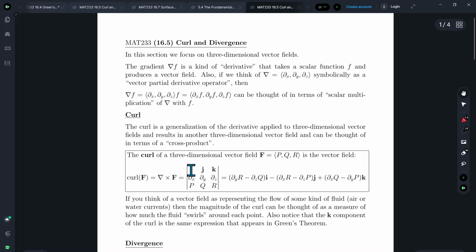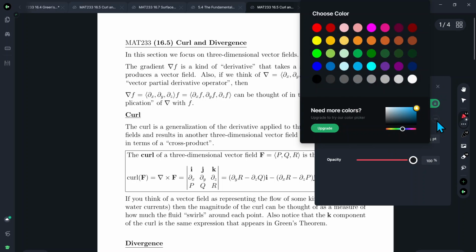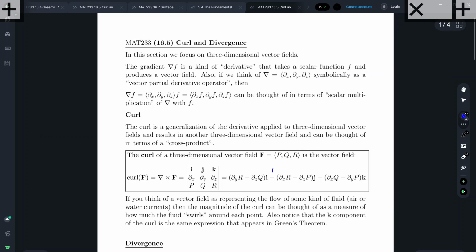So for each component, you cross out the column and the row, and then it's a 2x2 subdeterminant. So del y applied to r minus del z applied to q. That's exactly this thing here. If you remember, the middle term has an extra minus. So don't forget about this.